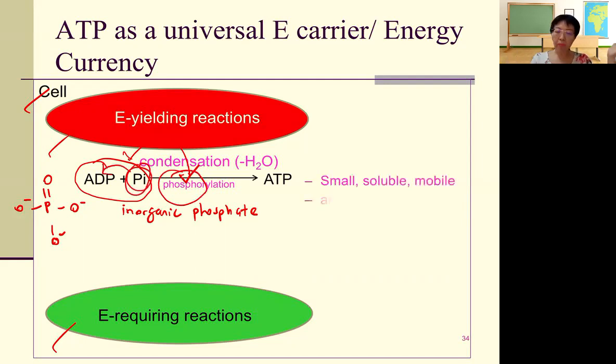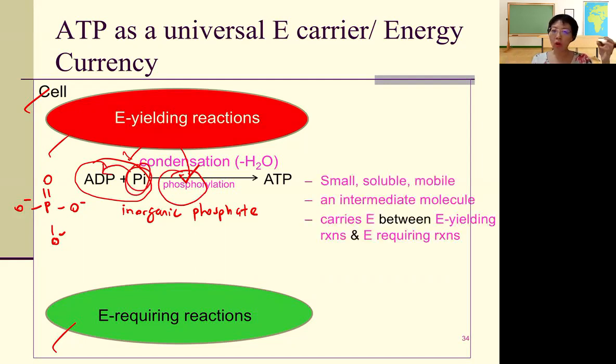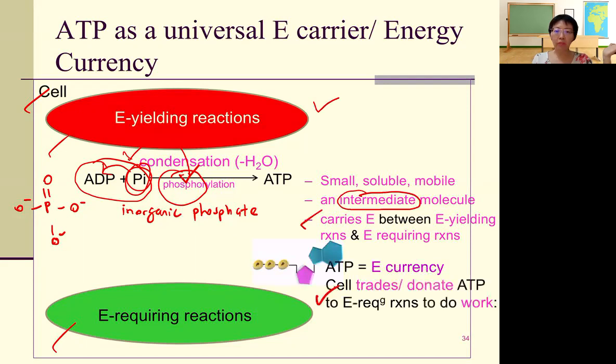So after ATP is formed, ATP is a very small, soluble and mobile molecule. Mobile means can move. So it is an intermediate molecule, meaning in between. In between what? In between energy yielding reactions and energy requiring reactions in the cell. So it will carry energy between them. It moves and then it will release its energy. How does it release the energy?